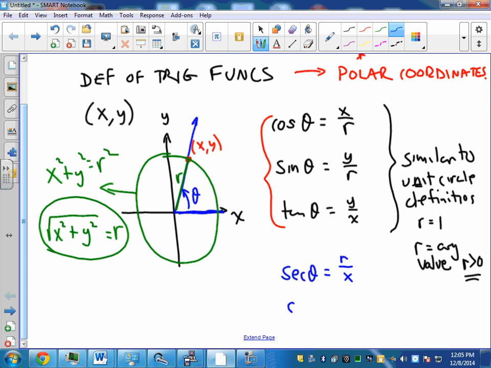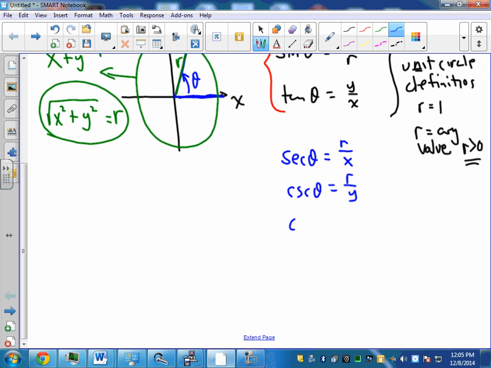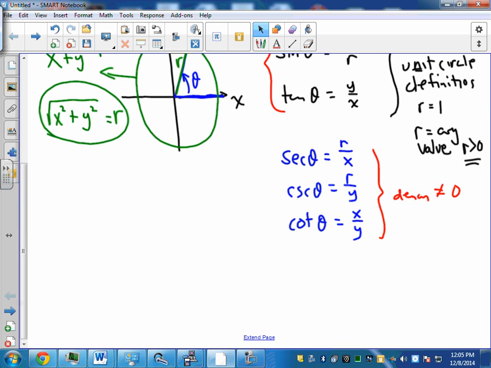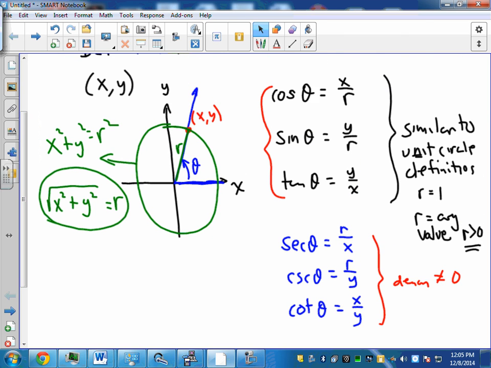The cosecant of theta is the reciprocal of the sine, which is r over y. And the reciprocal of the tangent, the cotangent, will simply be x over y. Again, note the restrictions: these denominators can never be 0. And of course, the same thing for the tangent up here, x not equal to 0.